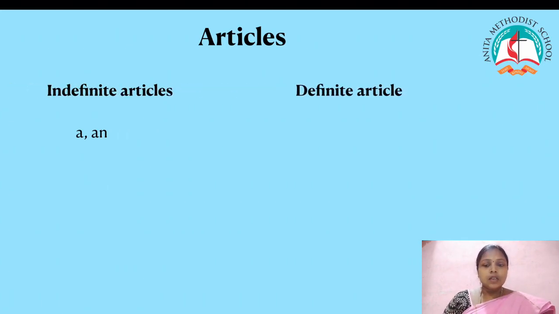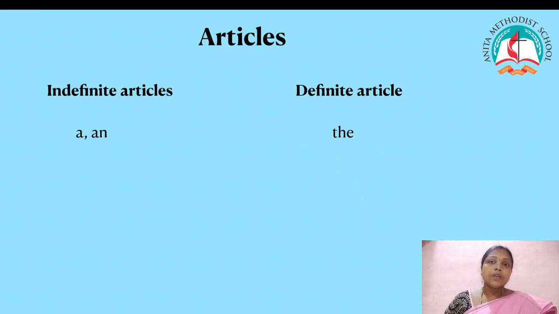Now let's see the definite article. The definite article is nothing but the. Why is it called a definite article? We use the definite article the for a particular person or an object. That's why the is called the definite article. A and an are indefinite articles.